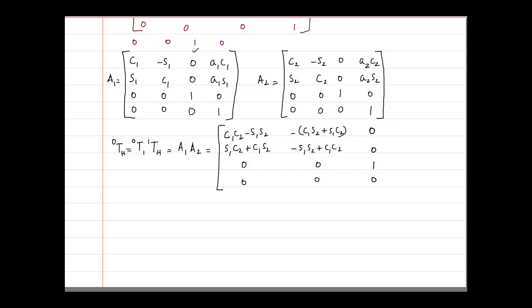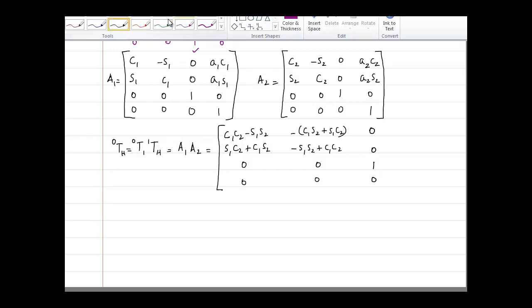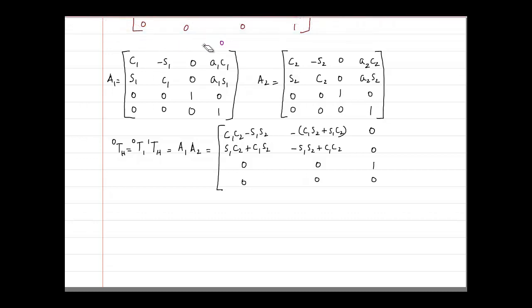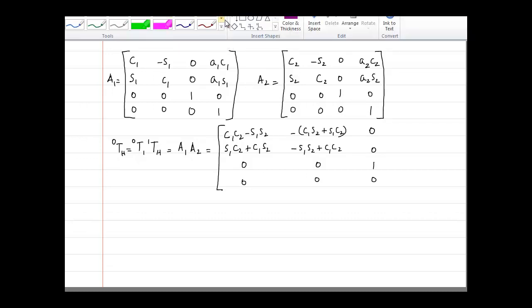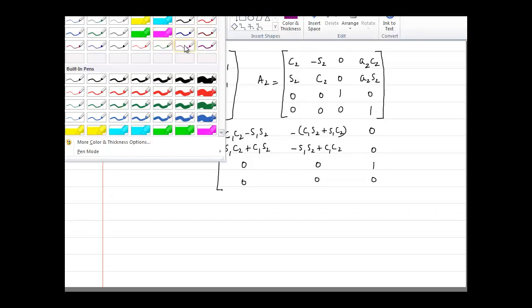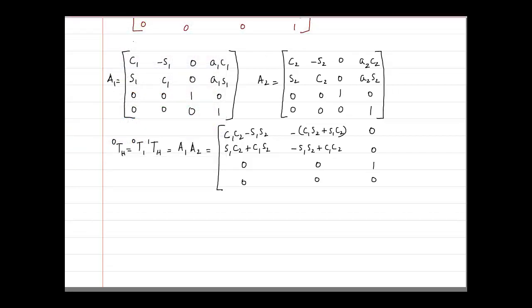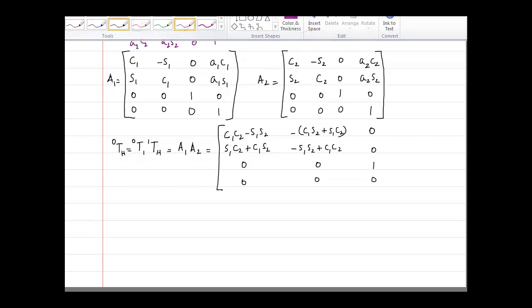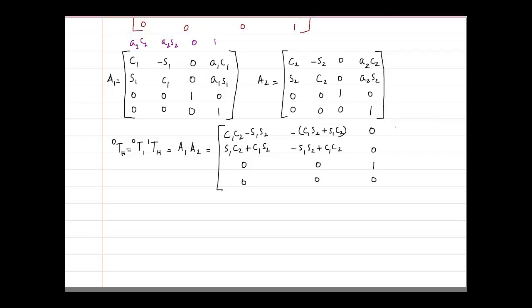And then finally for the last one, it's going to be a bit lengthy because we are having three values here and it's slightly long, so I can write this is A2 C2, this is A2 S2, this is 0 and this is 1. So now it becomes a little bit lengthy, so let me write it now.